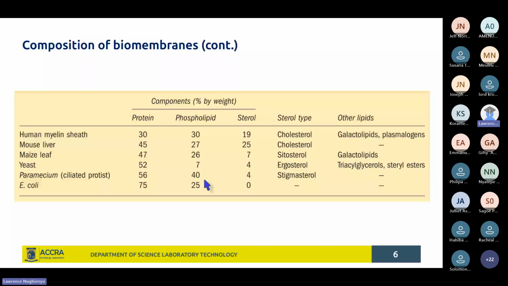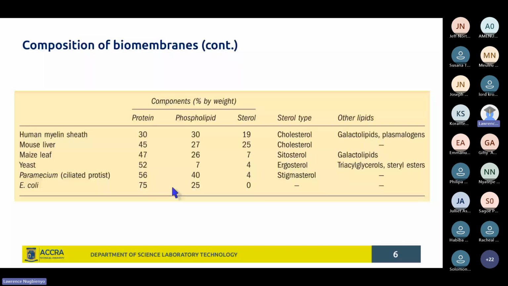Take for instance E. coli, the bacteria. The cell membrane is very high in protein. You can see that density of protein there is 75%, and it has just 25% of phospholipids, no sterols at all, and no other lipids. So it's mainly protein and some phospholipid together, so just to say some lipoprotein there, which is the composition of the cell membrane of E. coli.